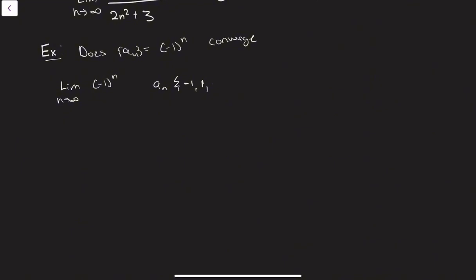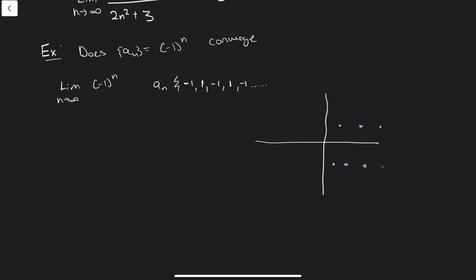When n is equal to 3, we'd have -1. When n is equal to 4, we'd have 1. When n is equal to 5, we'd have -1. And you can see this pattern will just go on forever. If we looked at it graphically, this is what our sequence looks like. We'll have a term here, here, here, here.